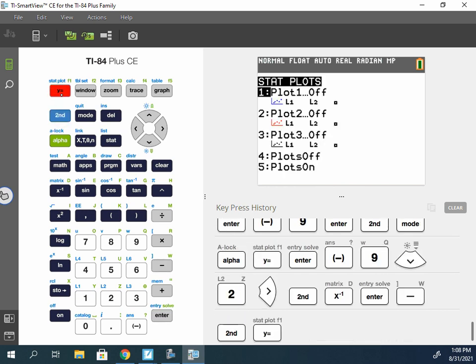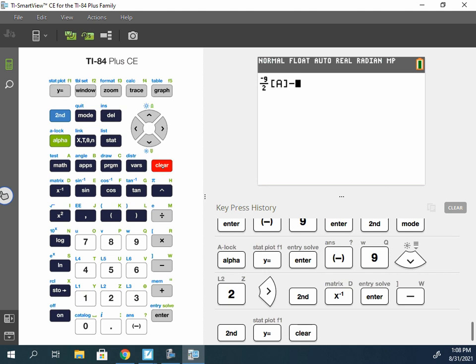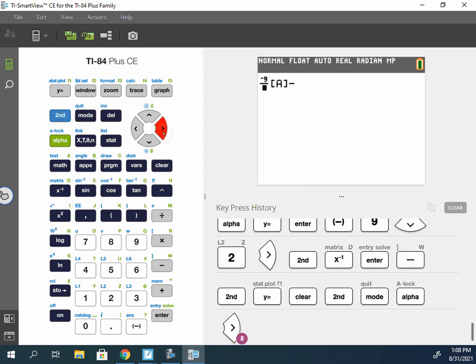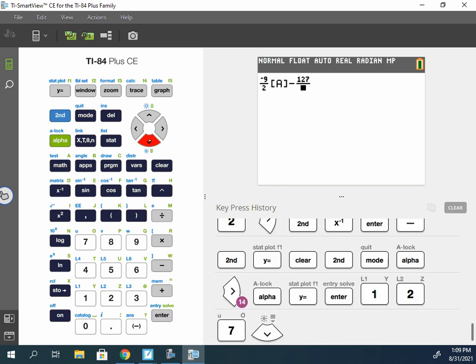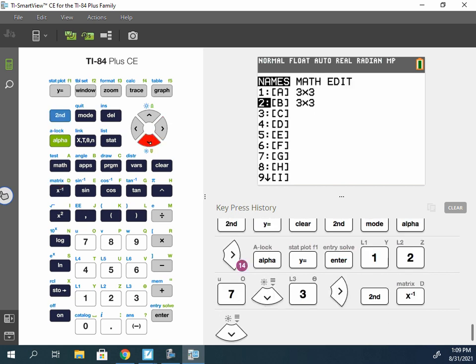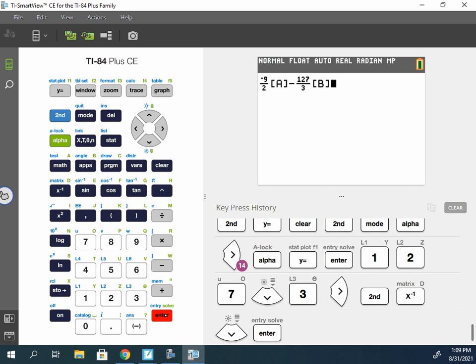second y equals, second quit, alpha, if I'm over in the right spot, alpha y equals enter, another fraction, 127 over 3, and then we want second matrix. This time we have to go down one to select matrix B, but that's essentially the equation that I wrote up there on the board.